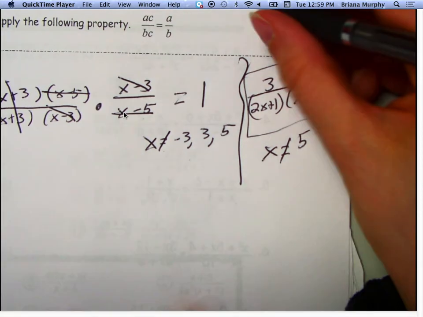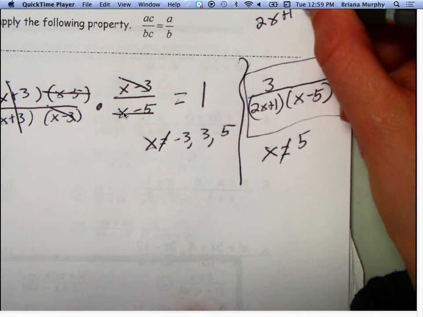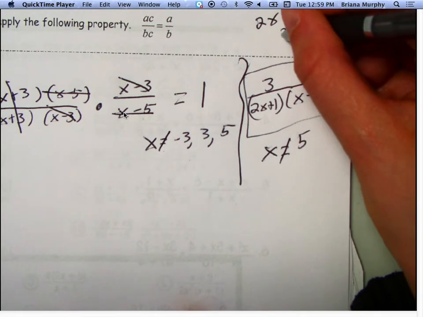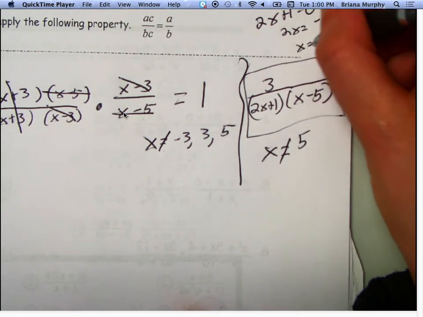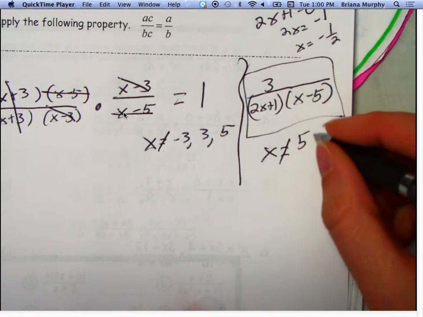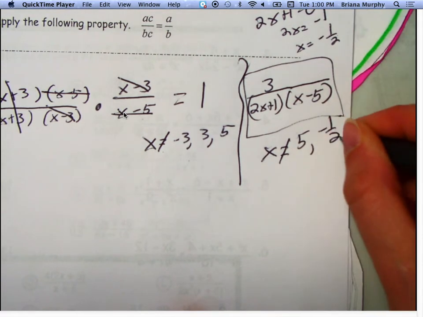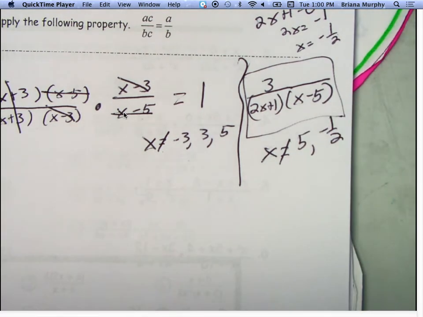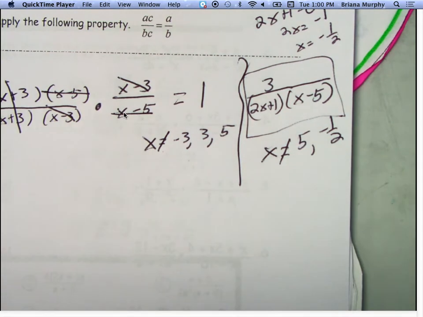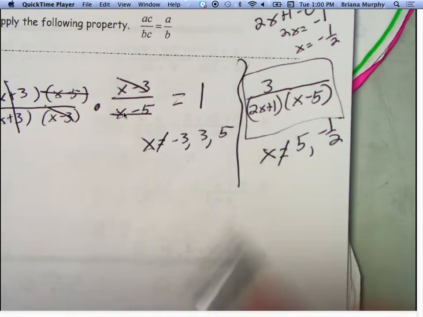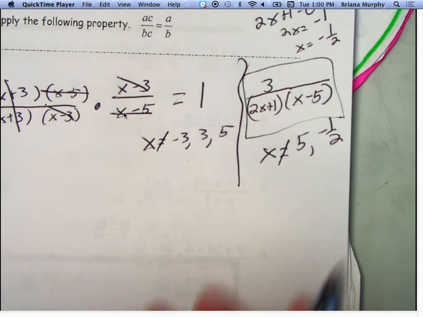So if we think of it this way, we have 2x plus 1 equals 0. So 2x equals negative 1, so x equals negative 1/2. So x cannot be negative 1/2 either. It's really easy unless there's a number in front of your x, and then it just takes a little extra second. You just make it equal to 0.